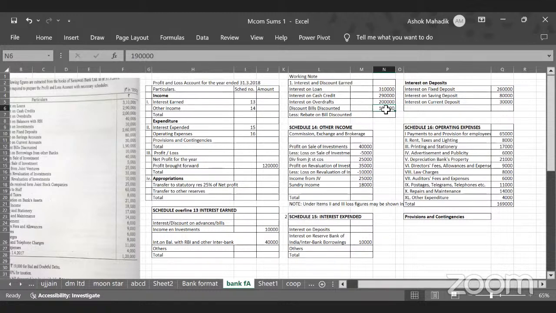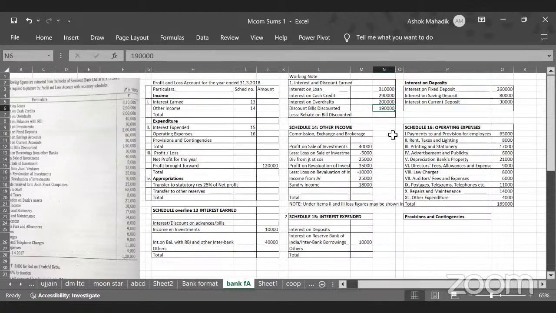But sometimes, in case of bill discounting, some portion of bills may belong to some days in the next year. So the portion of interest or discount earned which doesn't fall into the current year's period will have to be removed. Are you getting it?